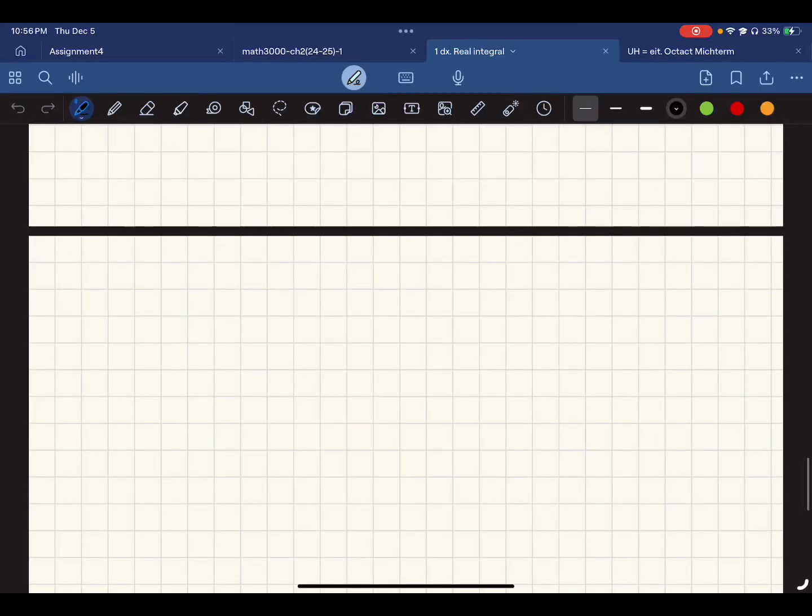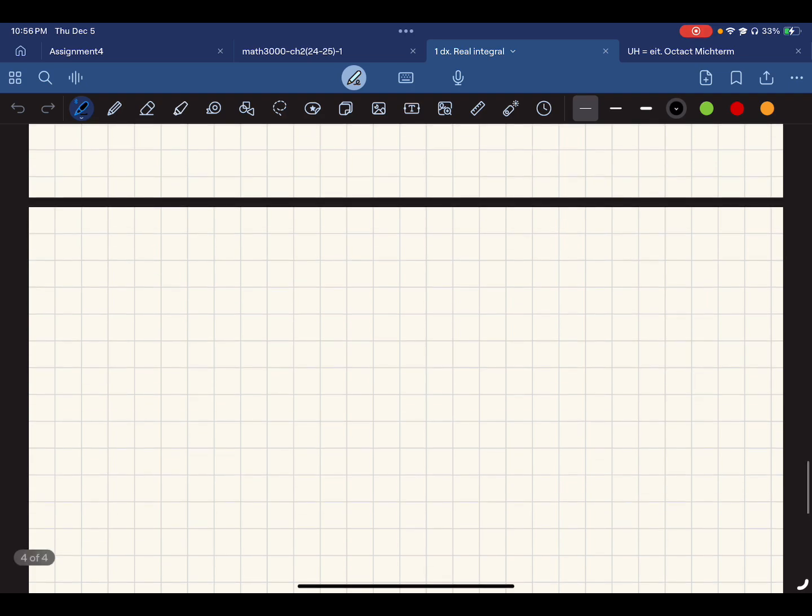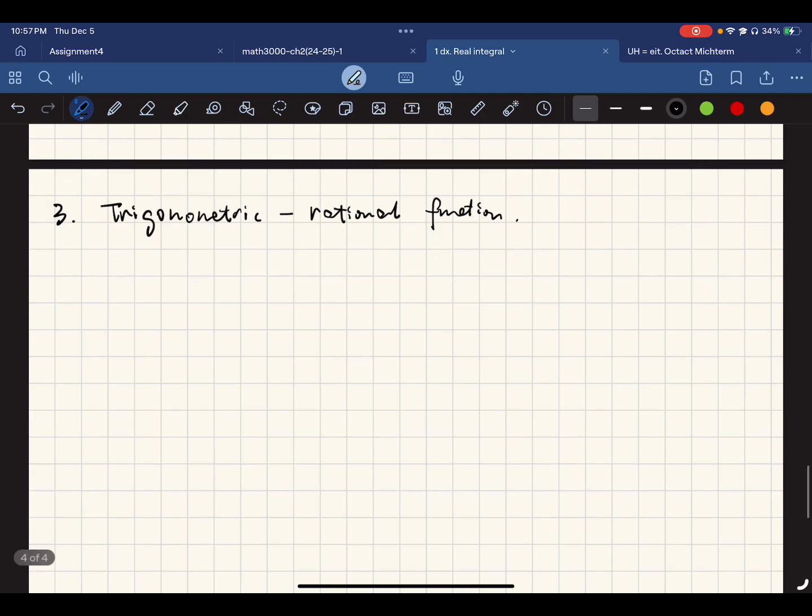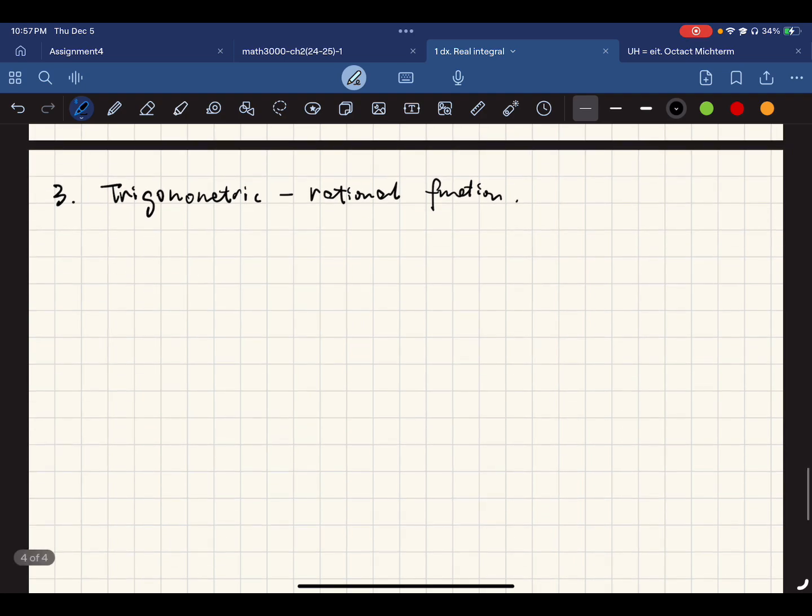How to use the residue theorem to calculate trigonometric and rational functions. Now we have the third type of function. We call it trigonometric rational function, which means we combine them together.